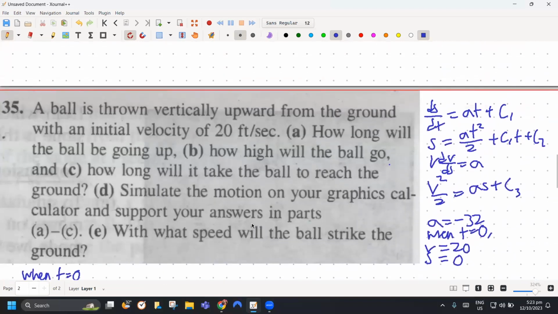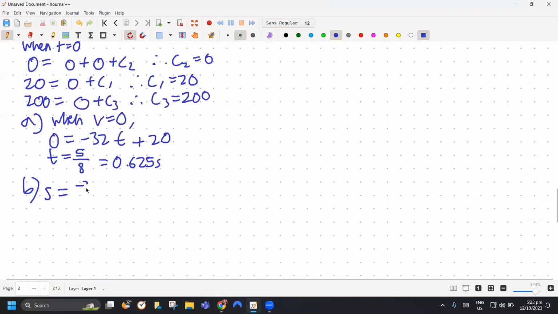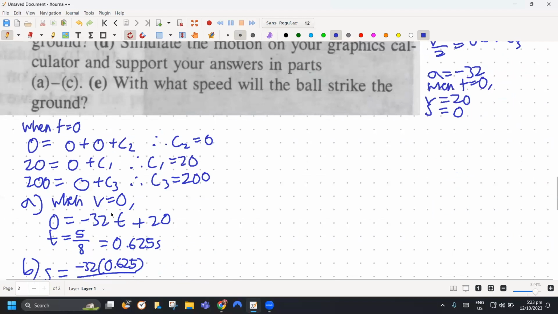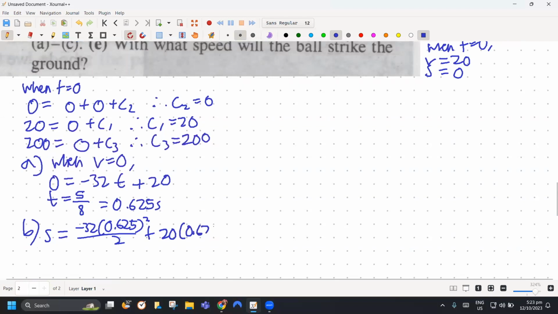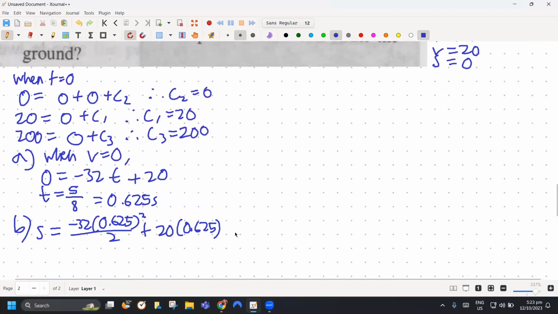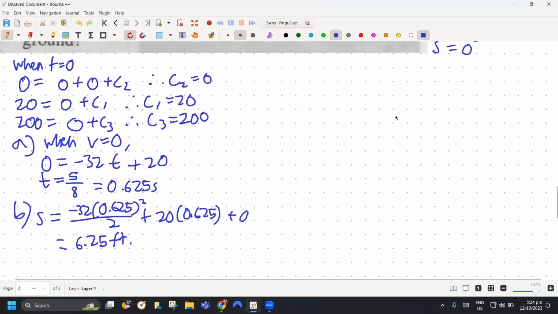Ayun, so yung ano yung batas S at that time. Teka, yan yung isang way, di ba?